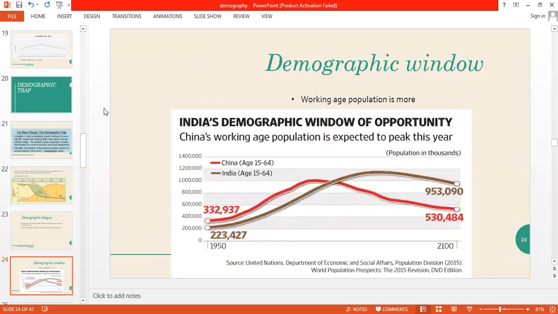If the working age population is larger, then there is a window of opportunity for expanding the economy of the country. China and India's working age population is expected to peak this year.